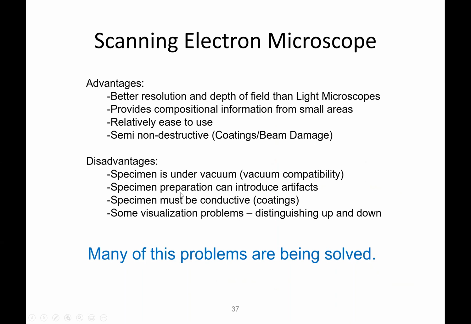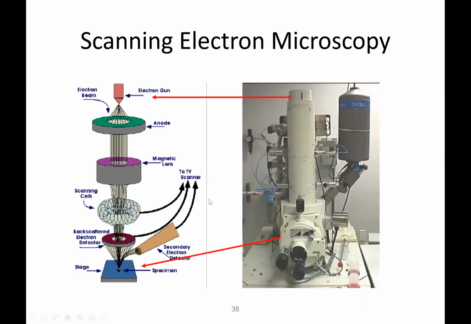Some artifacts are generated, and there is a visualization problem, normally two-dimensional. But the limitations of the scanning electron microscope are mostly overcome. Many of these problems are being solved. One of them is the one that I showed you in the video, and there are many technologies now solving these problems. Scanning electron microscopy is more like E-beam lithography.